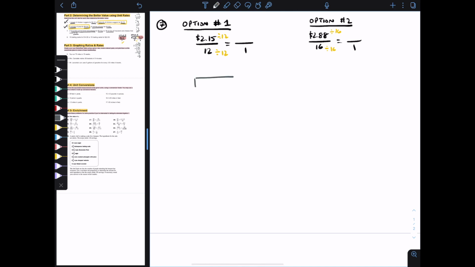Here we just have some long division once again. So $2.15 divided by 12. It's going to go in 0 times here, so we know that's going to be less than $1 at this point, right? And this is going to go in just 1 time. That's going to be 12. That's 8 and 9 is a remainder. 5 comes down. I think this is going to be a 7. 7 times 12 is 84. Yeah, 8 would be 96, so that's too much. It's going to be 11 left over. And we need to round to the pennies place, so we definitely need another value here.